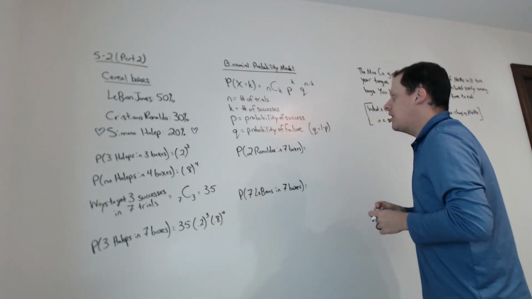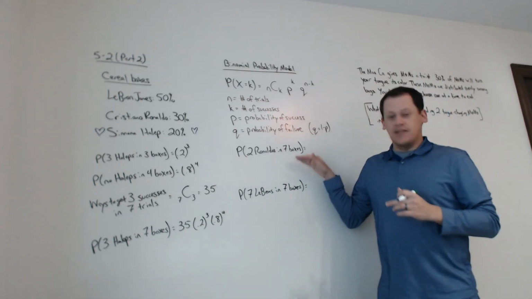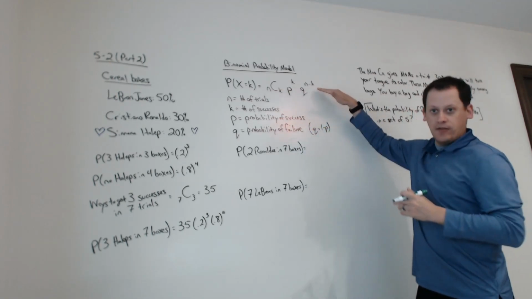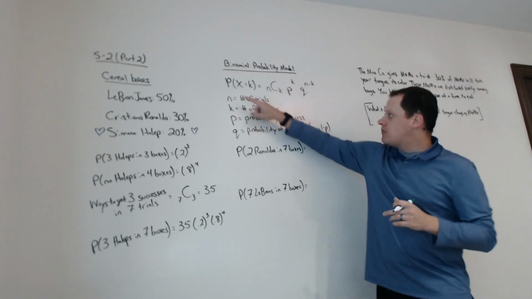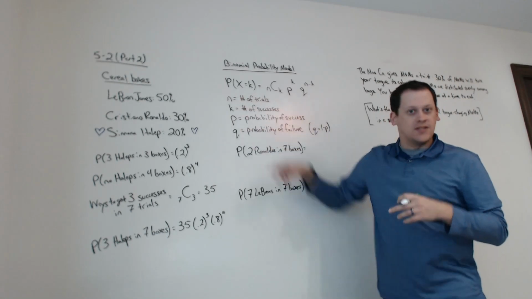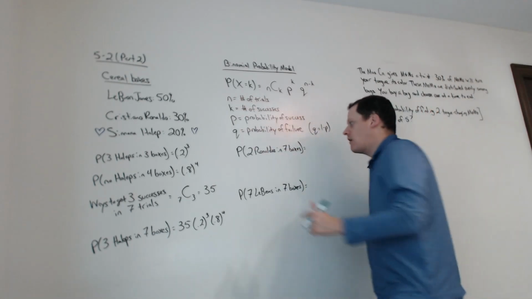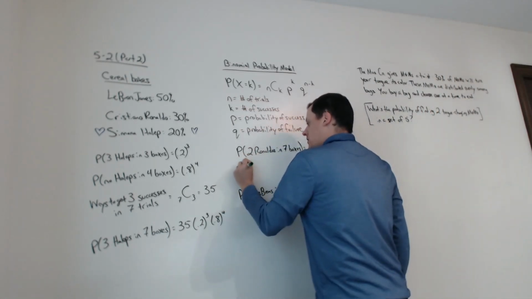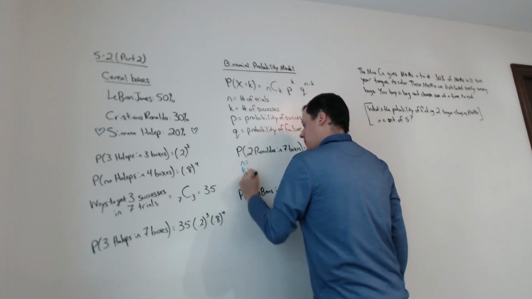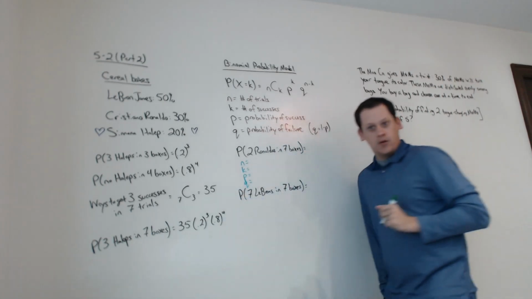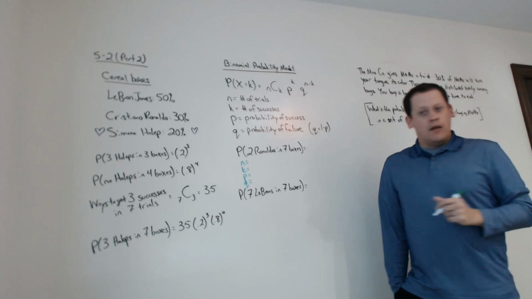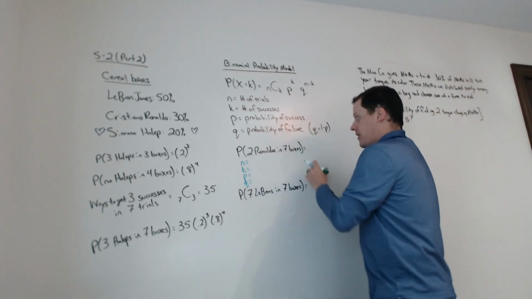The way I tackle this, instead of just going ahead and starting to fill this out, I'm actually going to write down what each of these variables is equal to at the very beginning. So I'm going to put N equals, K equals, P equals, and Q equals. And I'm going to fill out all of those for this.